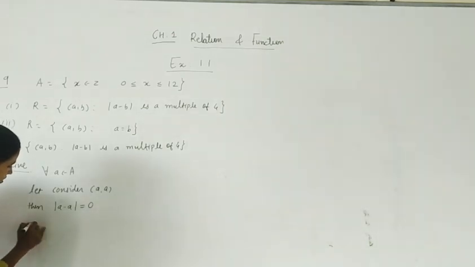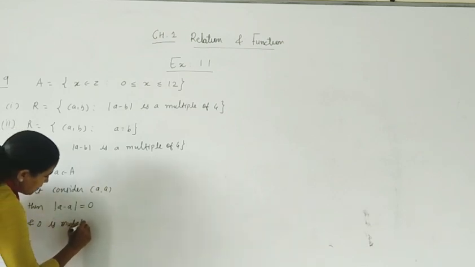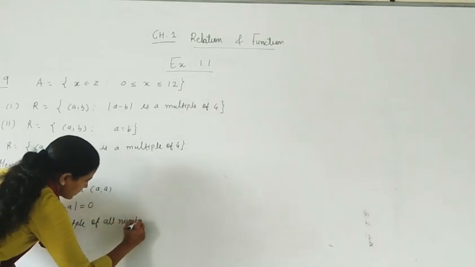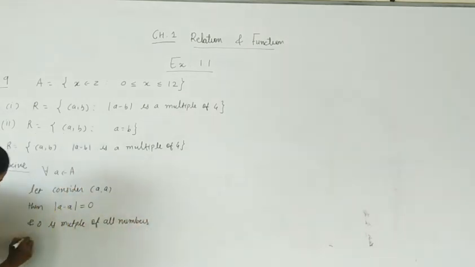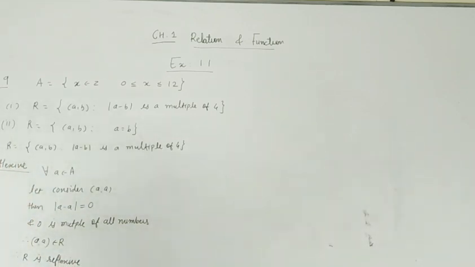Therefore, (a, a) belongs to R. Therefore, R is reflexive. So the first part we have done, that it is a reflexive relation.